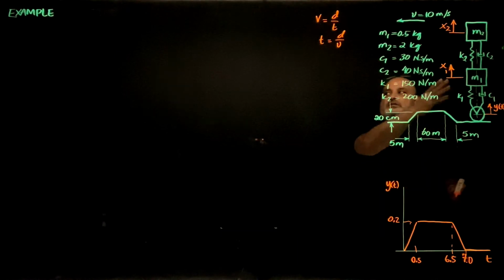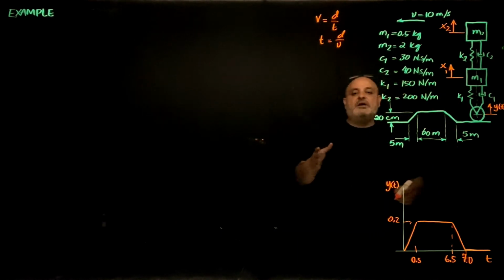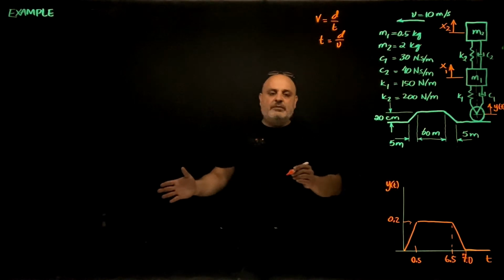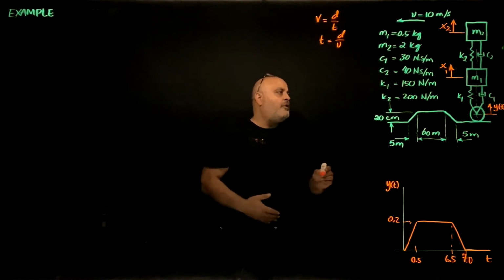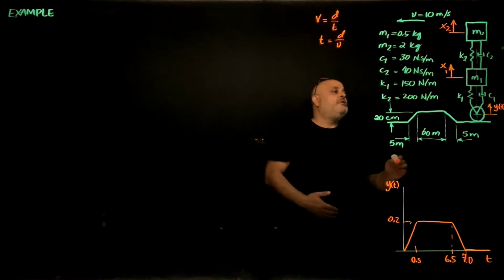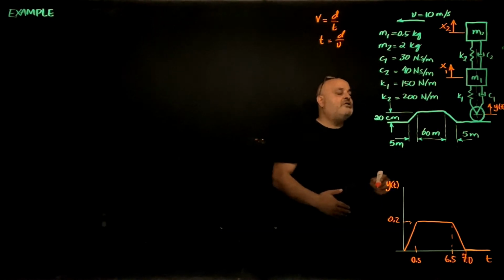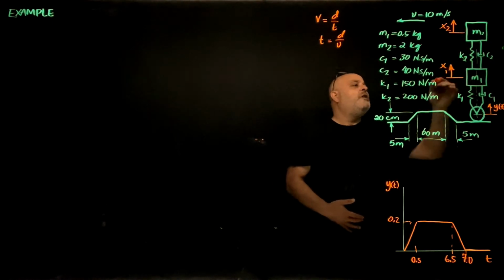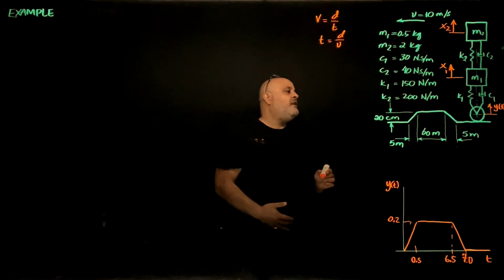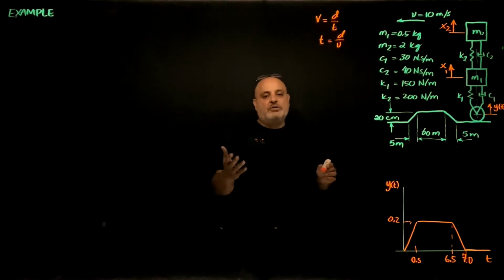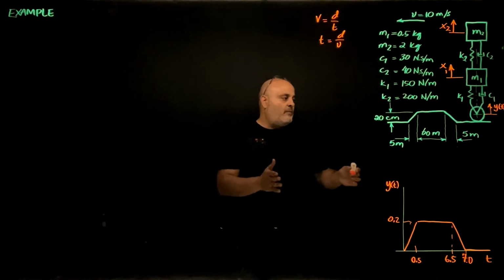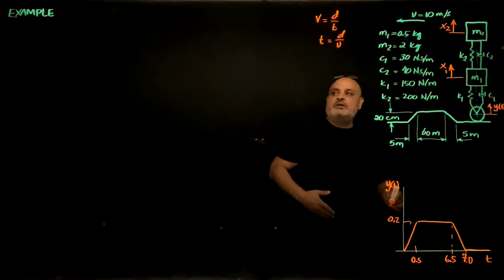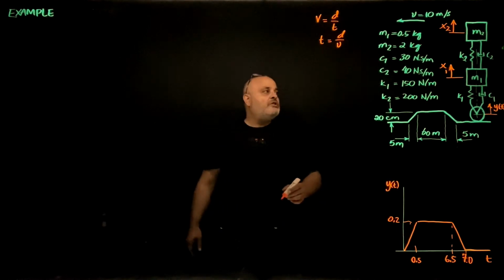Again, here it's a one-directional motion, so you can use either the energy method or the Newtonian approach. Newtonian approach is straightforward because it's a one-directional motion. So you can just draw two free body diagrams for M1 and M2 and use the sum of forces equals M times the acceleration to derive the two equations of motion.